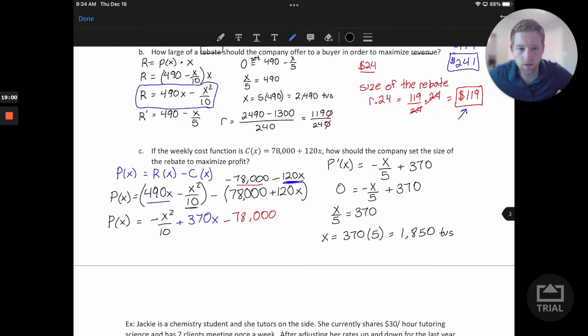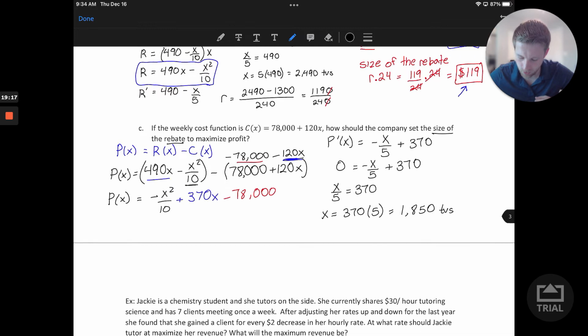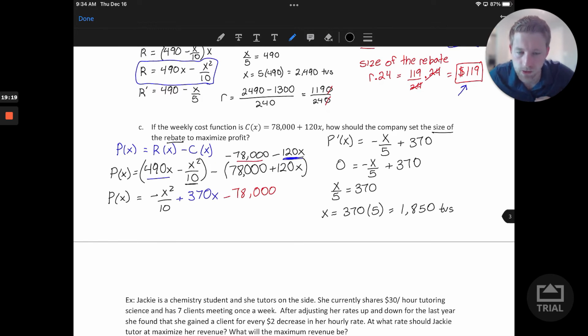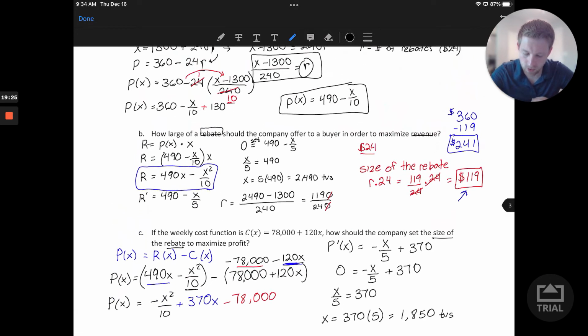Again, we're not really concerned with the number of TVs that is needed to maximize profit. We want the size of the rebate again. So we're going to have to walk through converting this X value to the size of the rebate one more time. Let's drop down below on the next page to figure that out. Again, we're using the same equation as before up here.